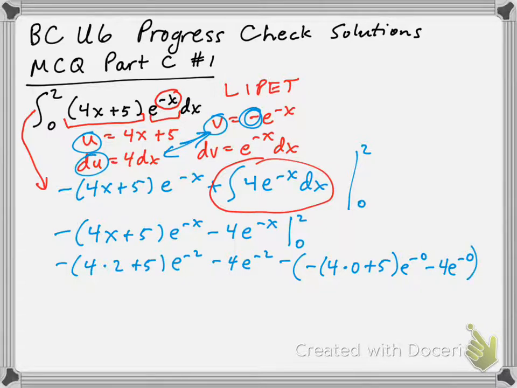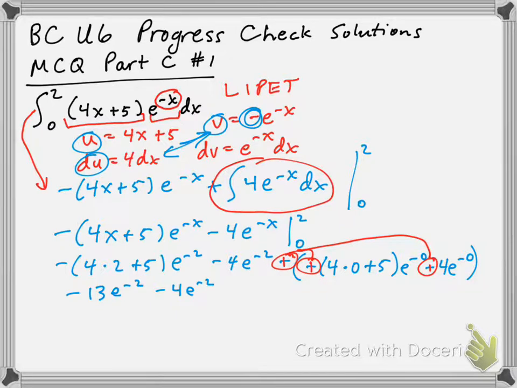Now, it's a big mess right now, so let's see if we can simplify this. 4 times 2 is 8, 8 plus 5 is 13. So we have negative 13e to the negative 2 minus 4e to the negative 2. And then this minus, we're going to distribute to this minus as well as that minus, so everything becomes a plus.